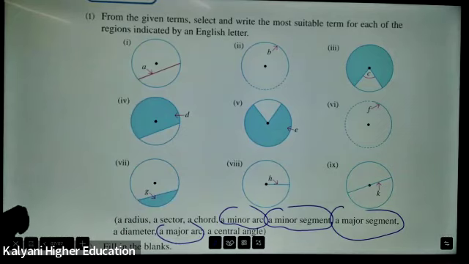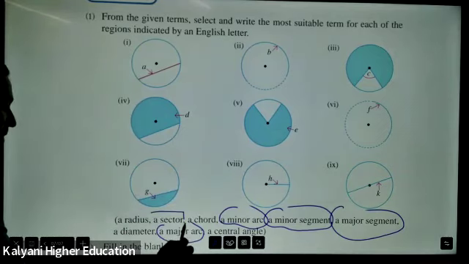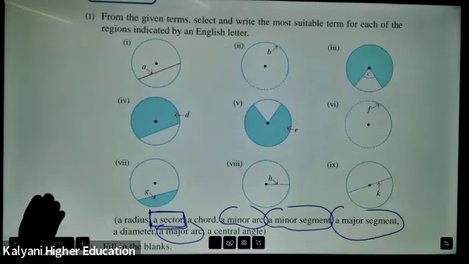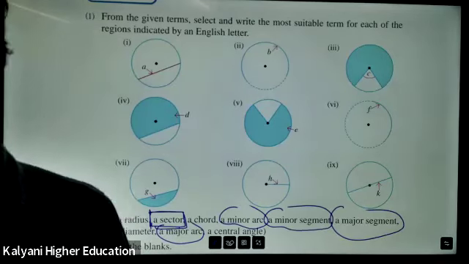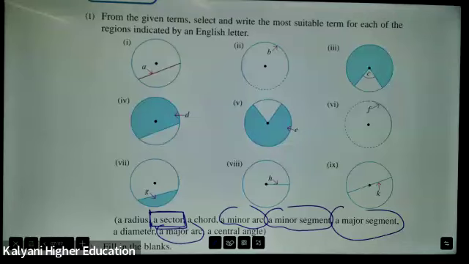Another word is there, sector, but they didn't say whether it is minor or major. So you have to be careful. First, you have to realize whether we have a segment, sector, or arc. After you finish that, then decide whether it's a big one or a small one.